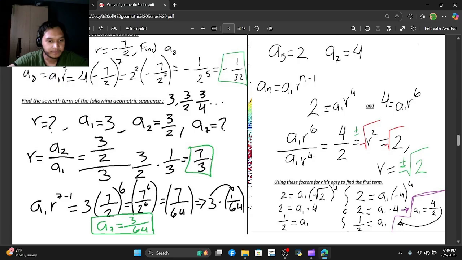I use the ratio, which should be 3. So we just multiply.